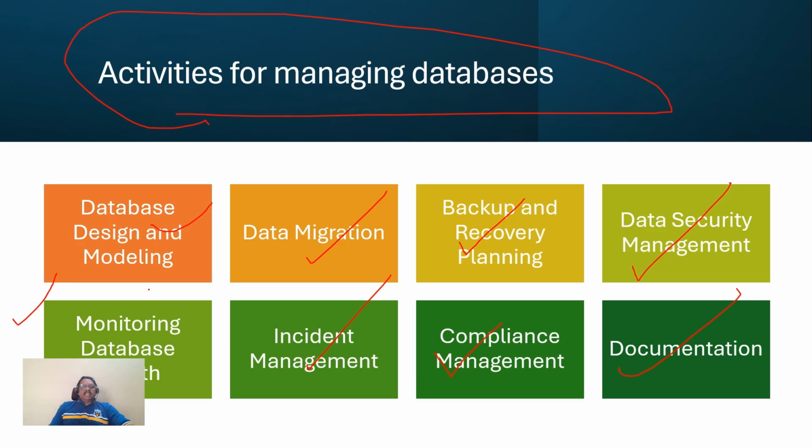Data security management is protecting data against unauthorized access and breaches. Then monitoring database health is proactively identifying and resolving issues. Incident management is about responding to and mitigating database incidents. Then compliance management is ensuring adherence to regulatory requirements. And finally, documentation is maintaining up to date records of system configuration, procedures, and policies.